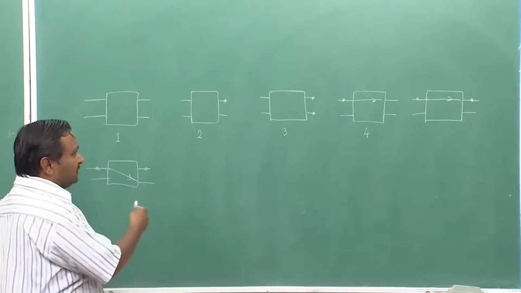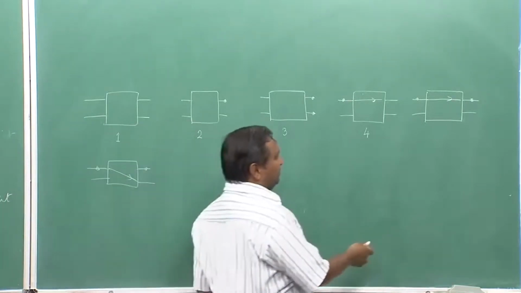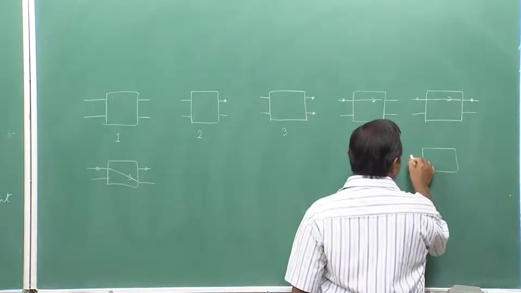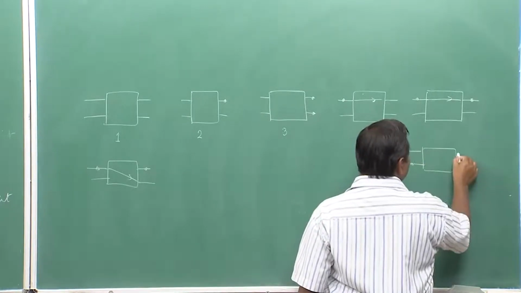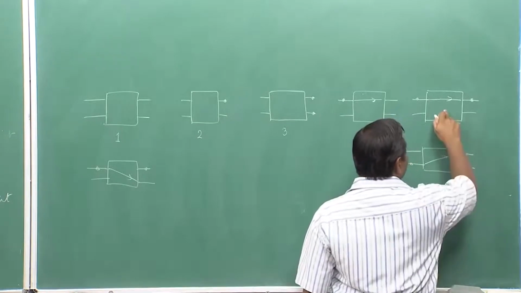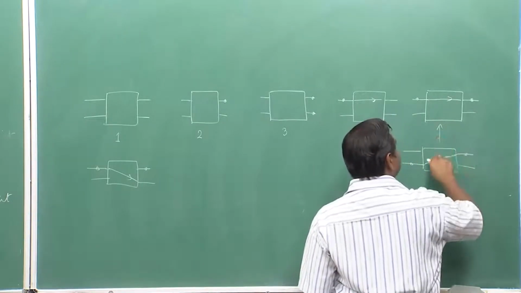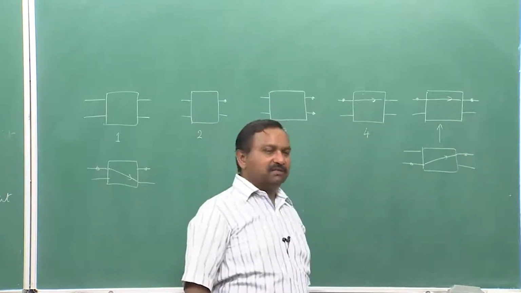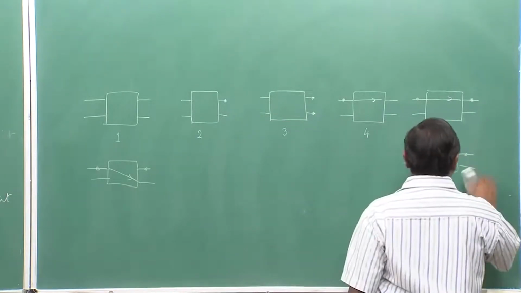All other combinations are the same; for example, a switch might have a packet here, a packet here, and a packet going here. These two are actually the same condition, so this essentially merges into this particular state.